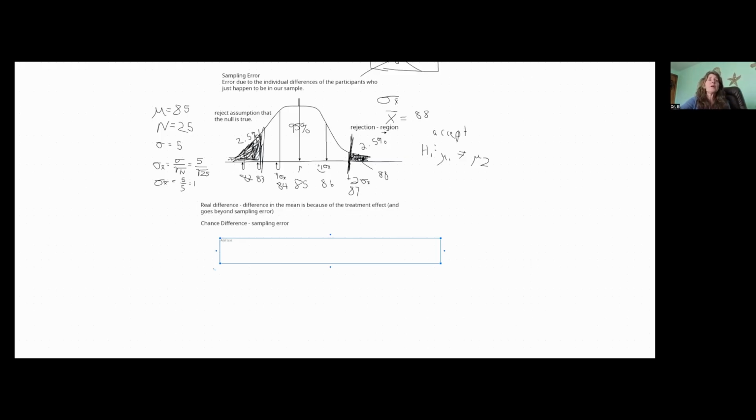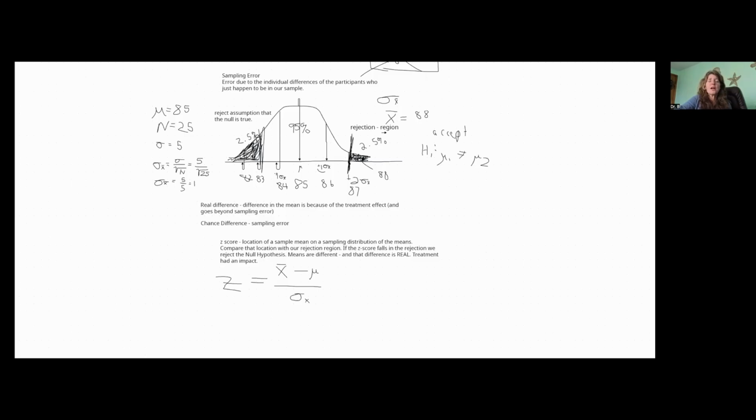Well, you know how to find the z. The z you already learned how to do. This is pretty simple to do. The z is the sample mean minus the mu divided by the standard error.